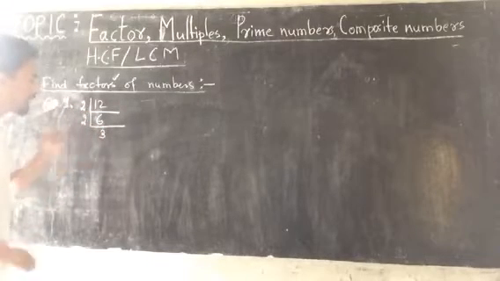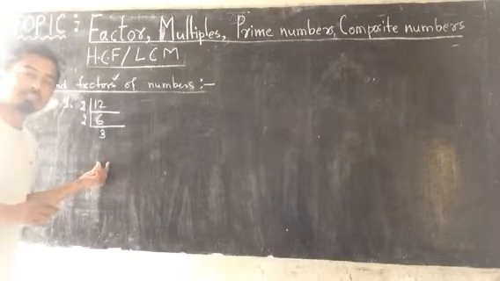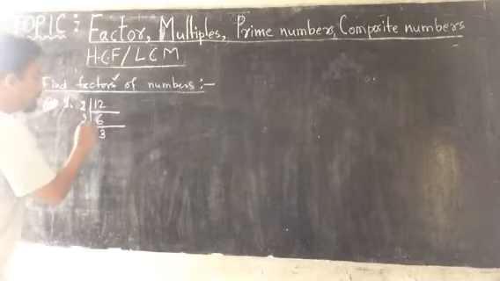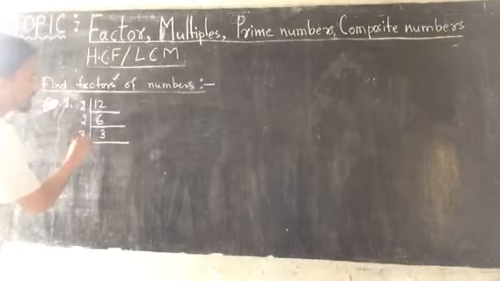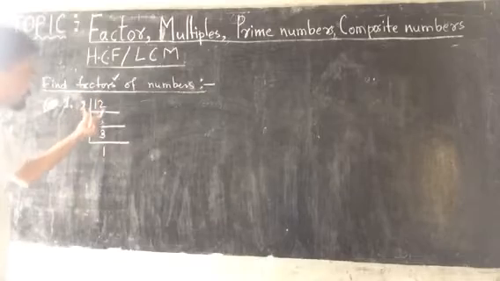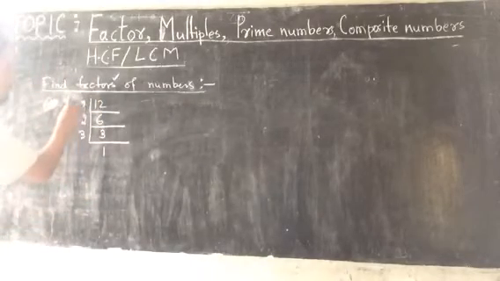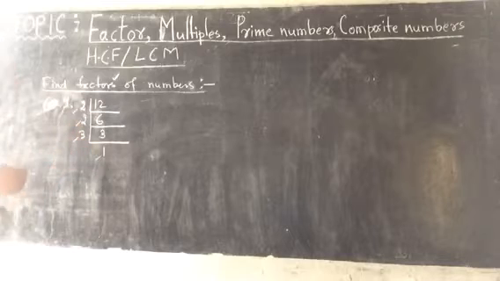Again divide by 3, unless you get 1 as the last quotient, keep on dividing. By 3, 3 1s are 3. Now the process of division is over. Got my point? Now these are the prime factors of 12.